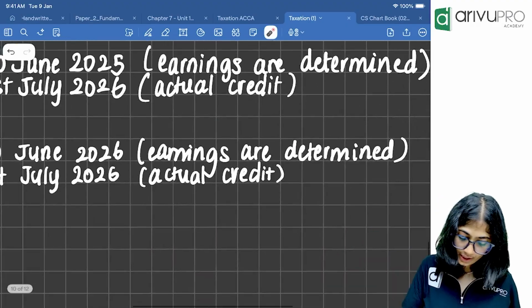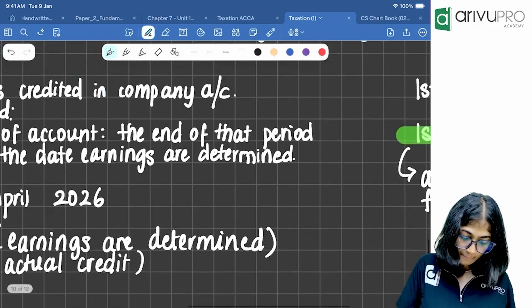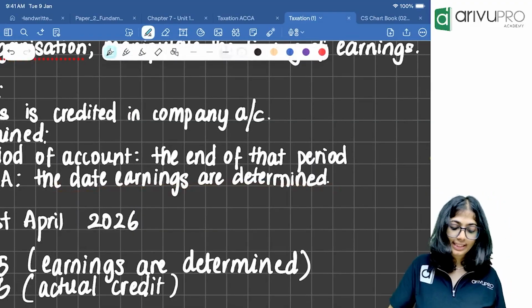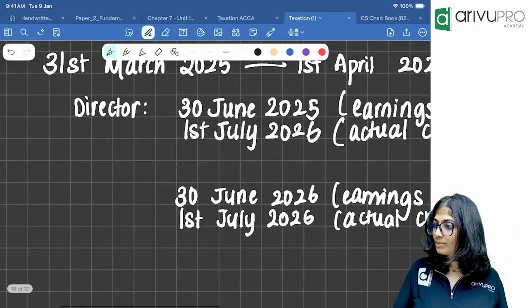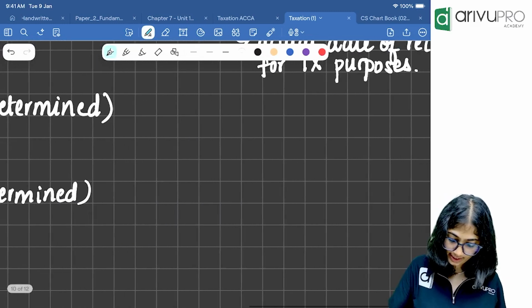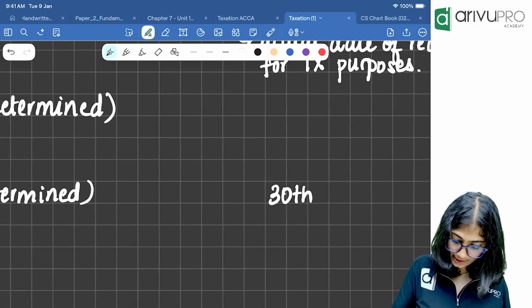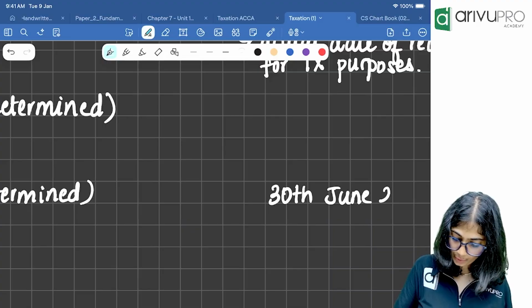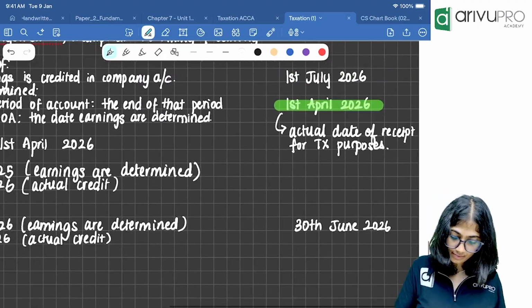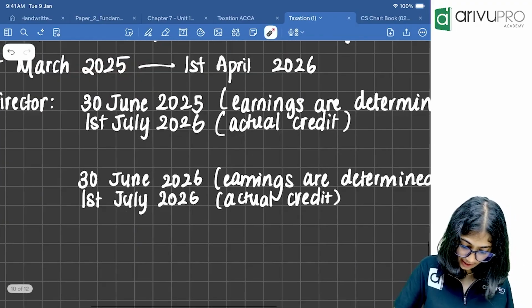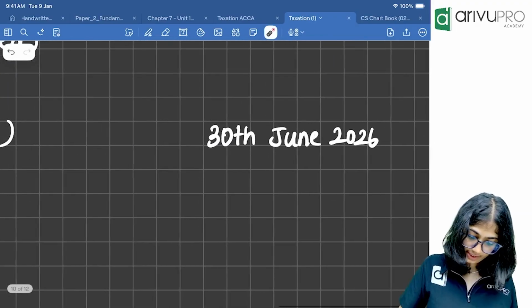Then you have to consider this particular date, the date the earnings are determined. What is the date the earnings were determined? 30th June 2026. So you're going to write 30th June 2026. And when is it actually credited? 1st July 2026.